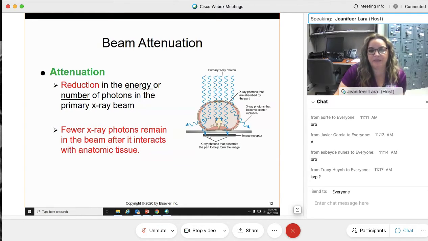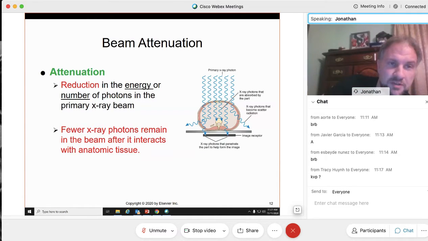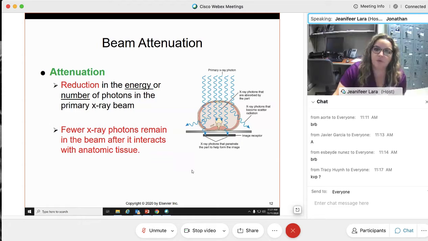Let's pretend that it makes it to the image receptor. But how much is the value of this Compton photon as opposed to what it was in the primary beam? It's 2/3. It loses a third of its energy. Good. So it is reduced in the energy that it has, correct? Good. So fewer X-ray photons remain in the beam after it interacts with anatomic tissue.